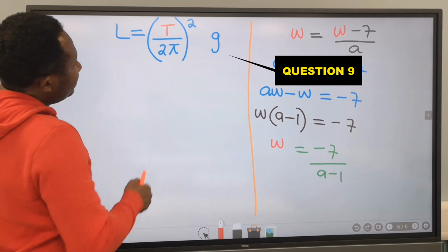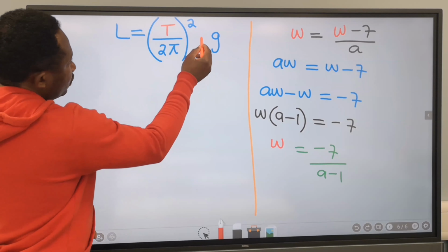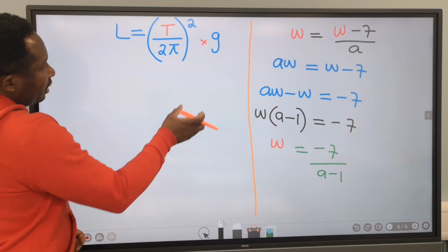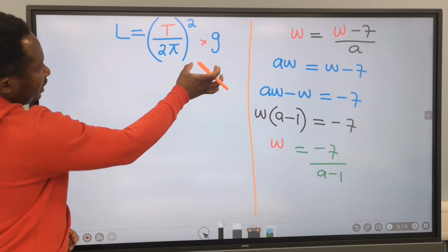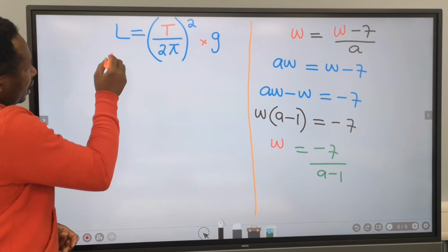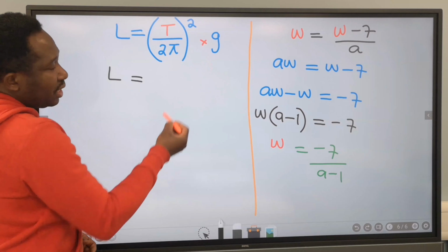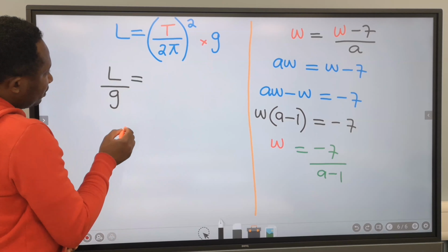Here, we want to make t the subject. Everything here is multiplying g. The first thing is to take this g over to the other side because it is free from this squared. I'm going to have L on this side. G is multiplying. On the other side it is going to divide.